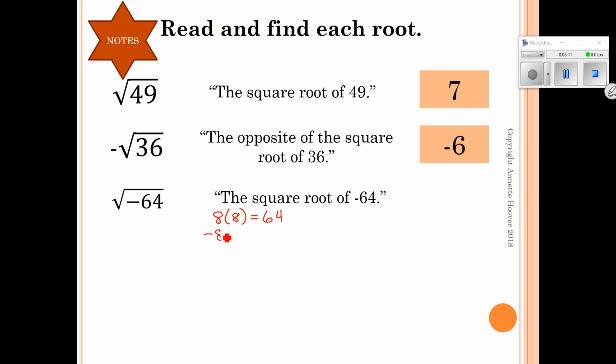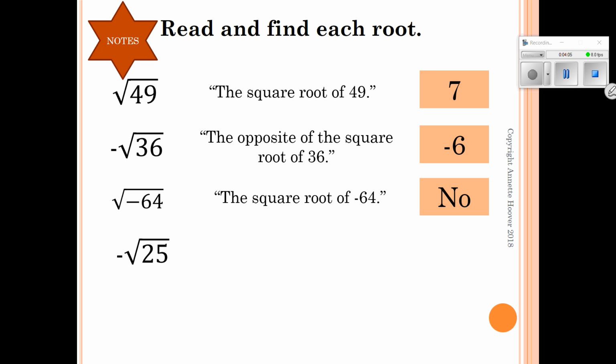What if I do a negative 8 times a negative 8? Well, that also is a positive 64. There is no way to multiply a number times itself and get a negative number, because if the number is positive, the answer is going to be positive, and if the number is negative, when multiplying 2 negatives, you also get a positive. So this one you cannot actually evaluate.